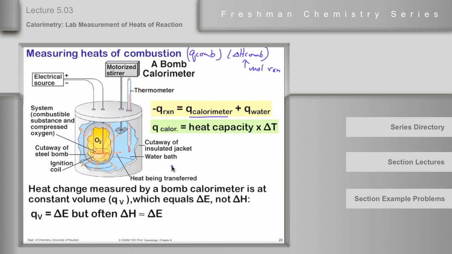So let's take this one. We have a 1 gram sample of octane, and it was burned in a bomb calorimeter containing 1.20 kilograms of water at 25 degrees.